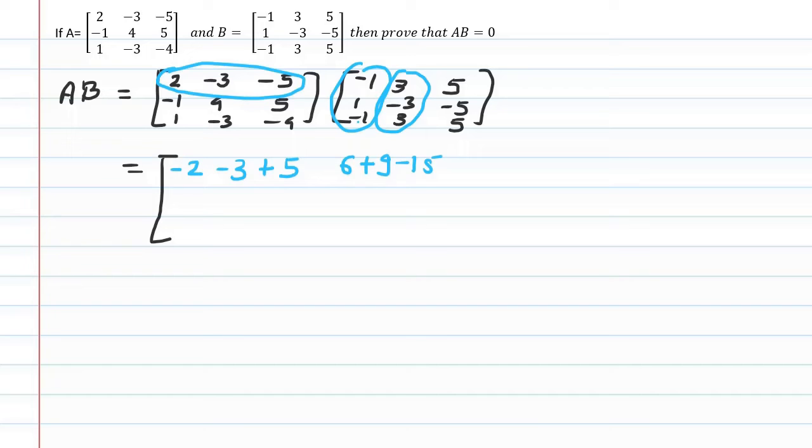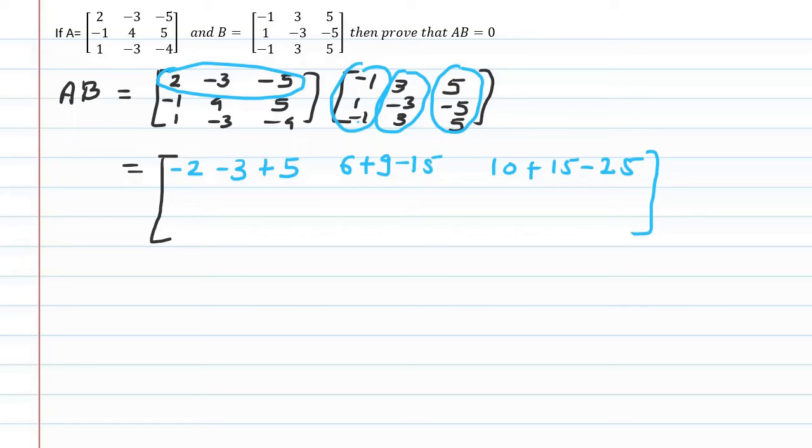Now I will multiply the first row with the third column. 2 into 5 is 10, -3 into -5, minus minus plus, and 5 3s are 15, and -5 into 5 will be -25.